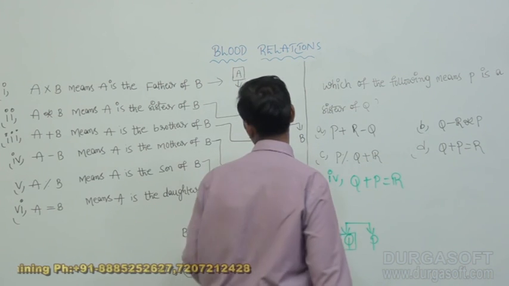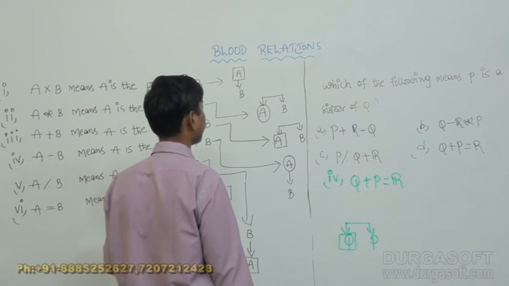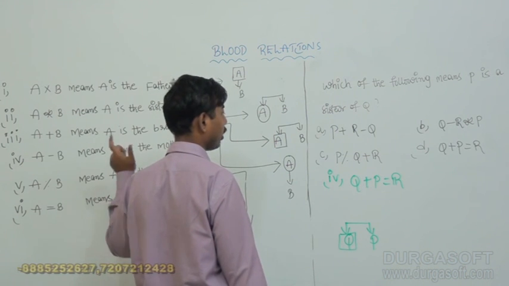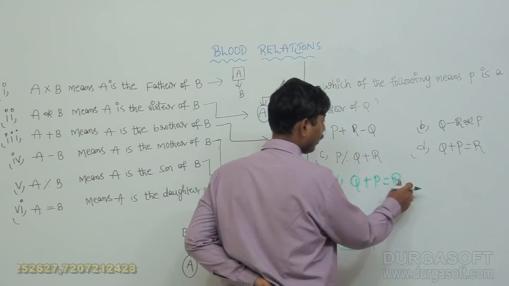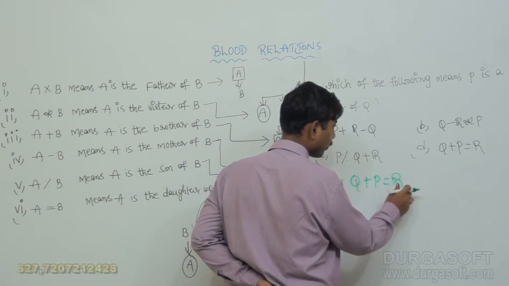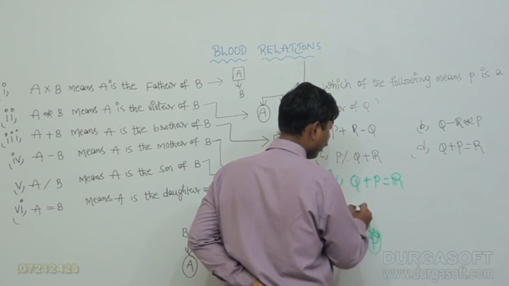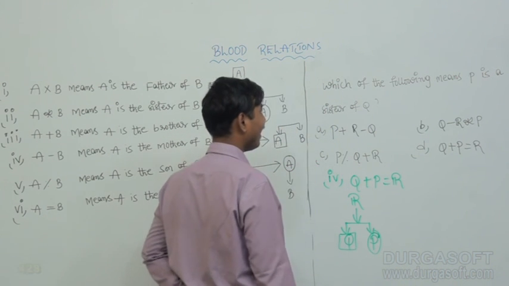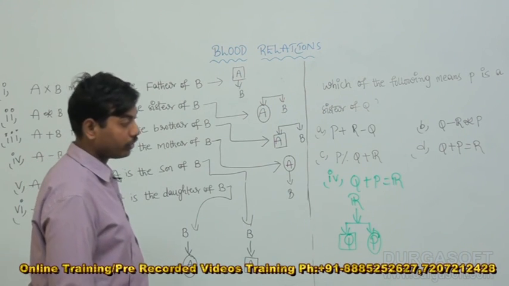P equals R. Already we know A equals B means A is the daughter of B, so A is in the next generation and B is in the previous generation. Like that, P equals R means P is the daughter of R. Now let us focus here.